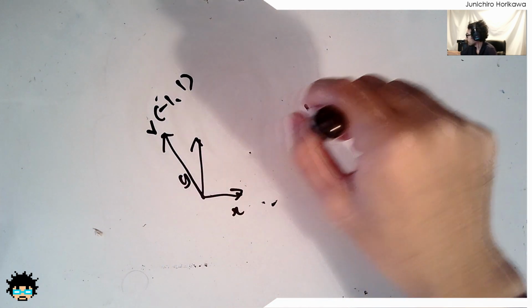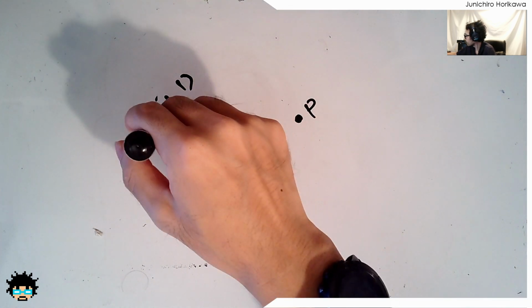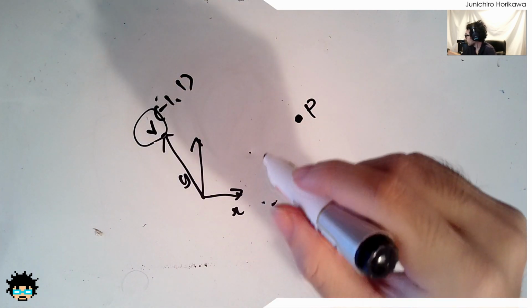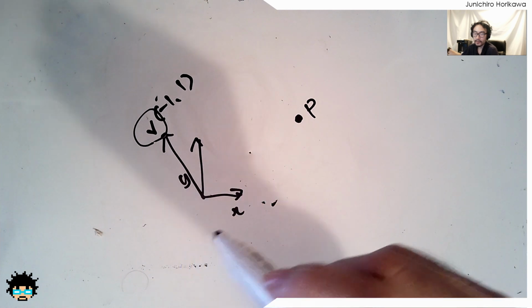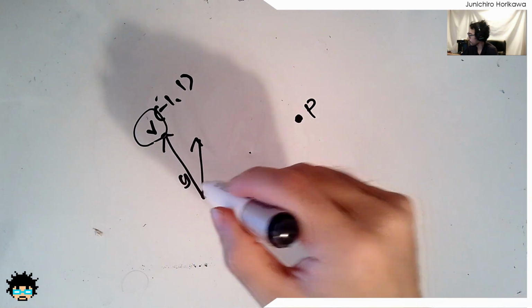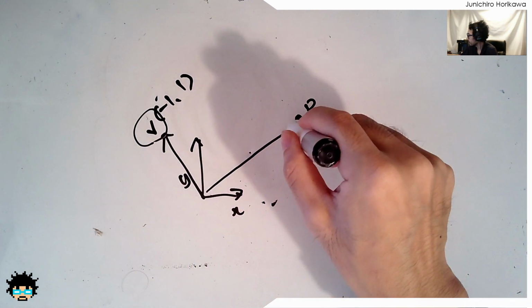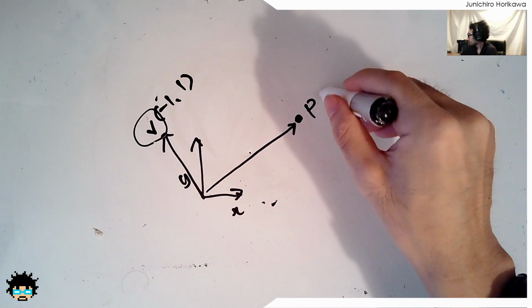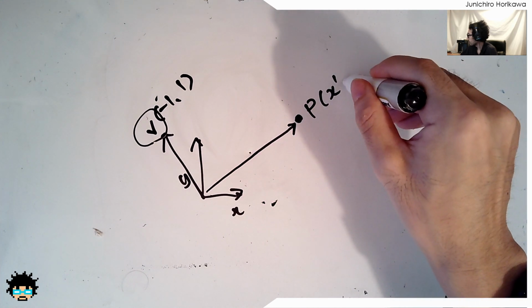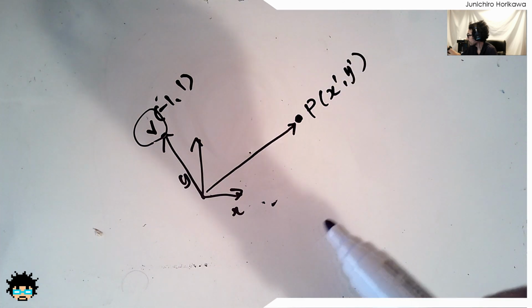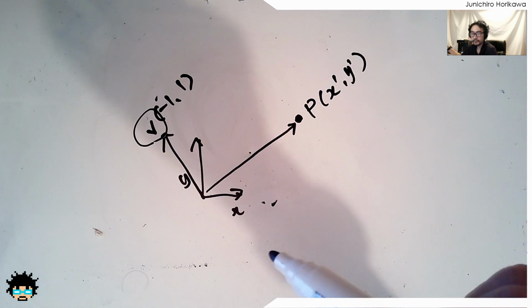And you want to move this point using this vector v. In this case, the point can be described as a new vector, x prime, y prime, like this.